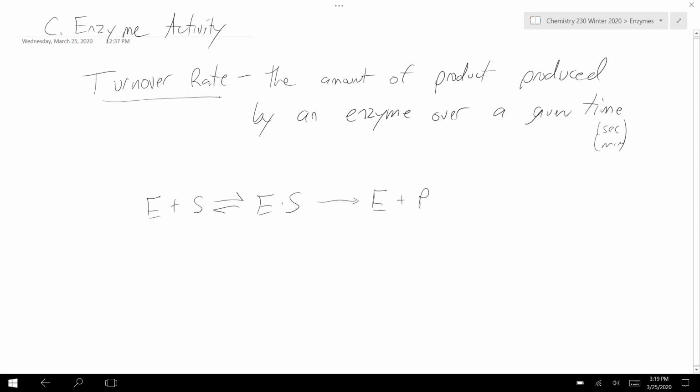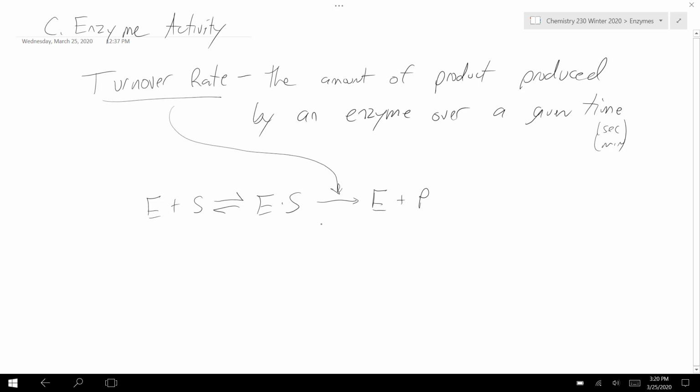And when I think of turnover rate, if we had more time and we were talking more about enzyme kinetics and how fast they go, turnover rate really deals with how fast this particular reaction is going, dependent on how much enzyme's actually present. So that is what we're talking about. Like, how fast does this happen? Because once the product forms, they don't typically go back the other direction. So I put a double arrow here because there is possibility of binding and not reacting. Over here, once the product dissociates out, it usually doesn't go back the other direction.